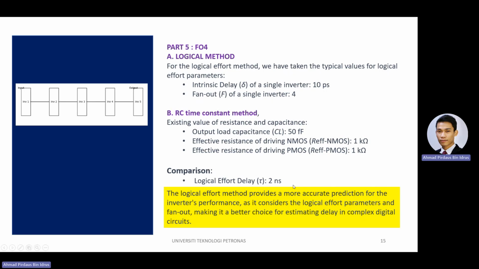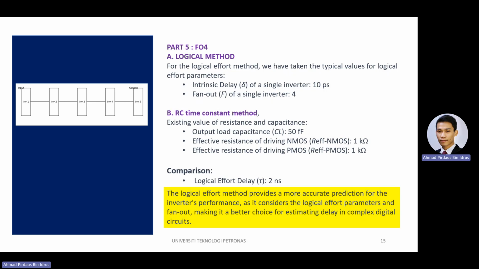Okay, the comparison is that the logical effort delay is equal to 2 nanoseconds. So the logical effort method provides a more accurate prediction for the inverter performance as it considers the logical effort parameters and fan-out, making it a better choice for estimating delay in complex digital circuits.